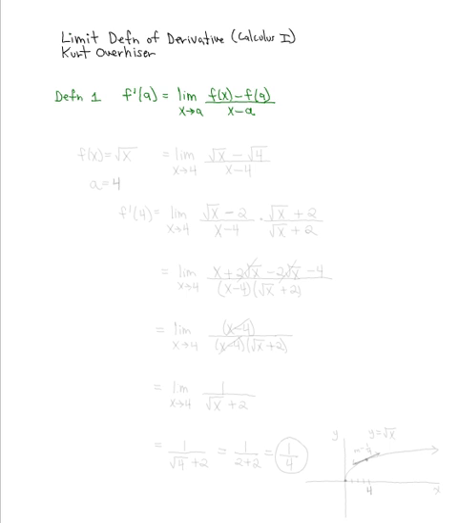You might remember from pre-calculus that this is called the difference quotient, and in calculus we take the limit of the difference quotient in order to obtain the derivative. So this is definition 1.